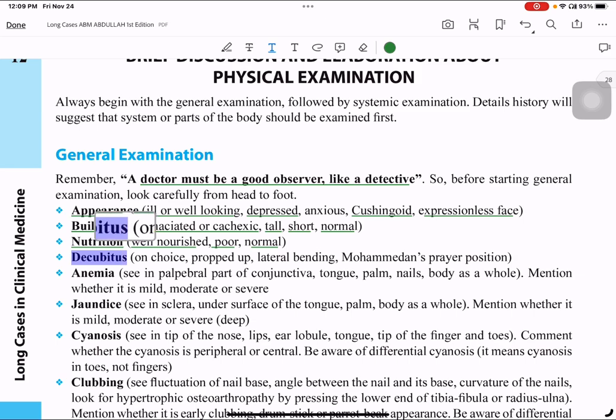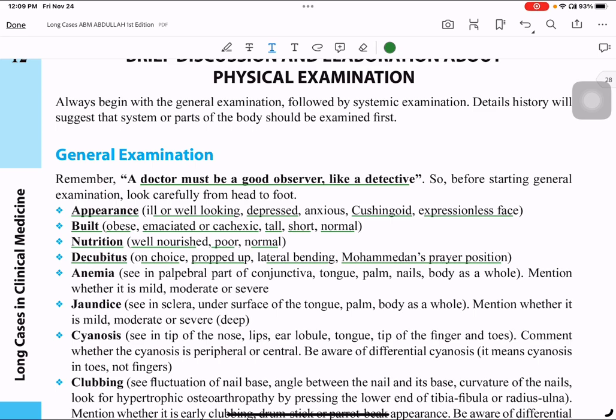Then decubitus status. What is the position of the patient? That is the patient's most comfortable position. Is it the Mohammedan's prayer position, that is, the patient sitting and leaning forward, as happens in pancreatitis? Or he is kept propped up, or in any sitting posture or lateral bending.